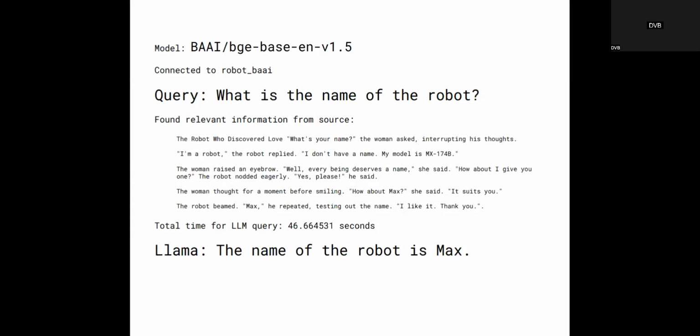In most business scenarios, text is much more structural than in a poem about love. The question is what is your name, but the robot actually replied, "I don't have a name."